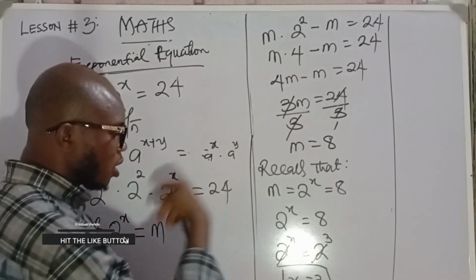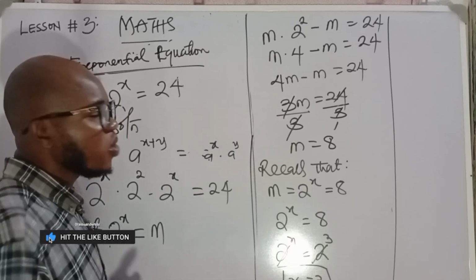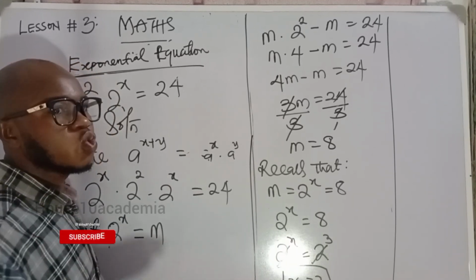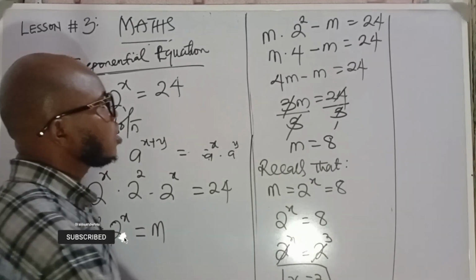So now let's continue. Let's check if the right hand side corresponds with the left hand side. And once we do that, it simply means that the equation is correct. So let's check.